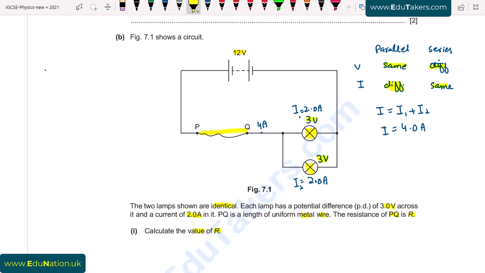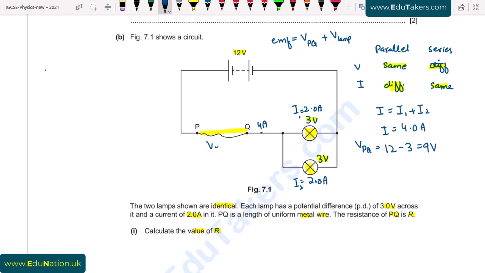Using this idea, the total potential, that is EMF of battery, will be equal to potential drop across PQ plus the potential of lamp. By using this equation, we can find out the potential drop across PQ, VPQ. EMF is given 12 volt and the potential drop across lamp is 3 volt. So it comes to be 9 volt.